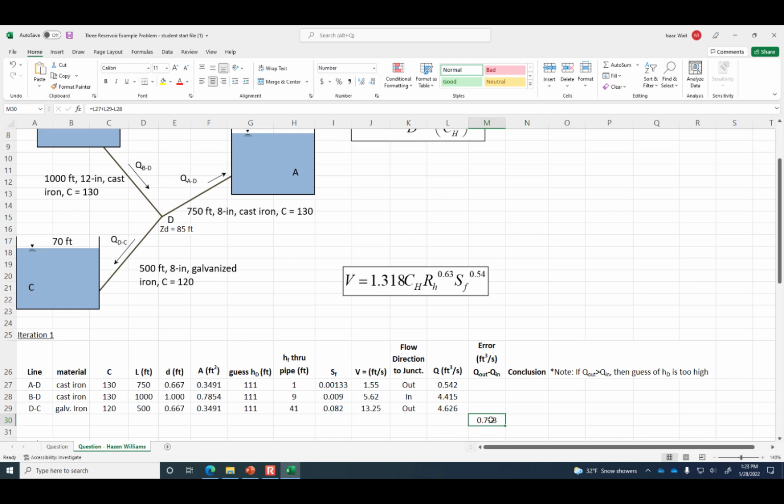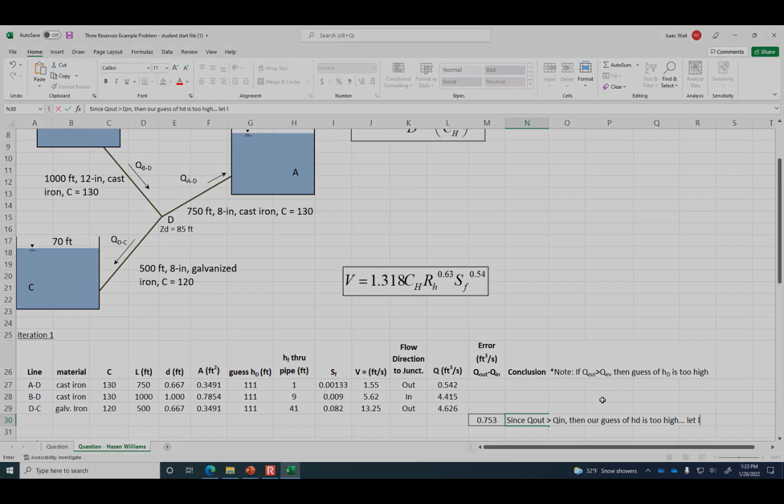But right now, our spreadsheet is not saying in equals out. It's saying that there's an imbalance. And so the conclusion there, out is bigger than in, so our guess of H sub D is too high. So since Q out is greater than Q in, then our guess of HD is too high.